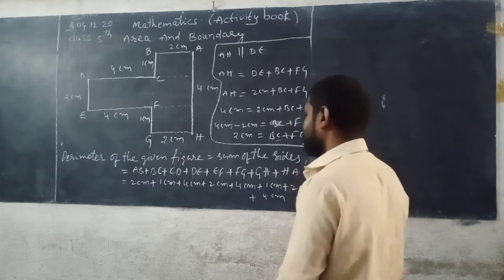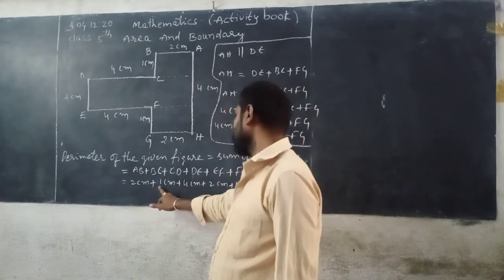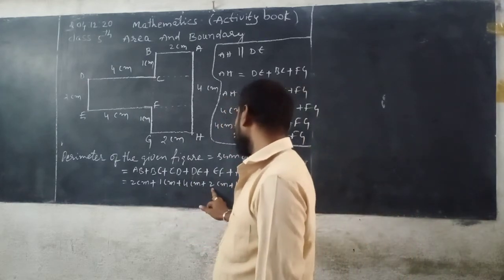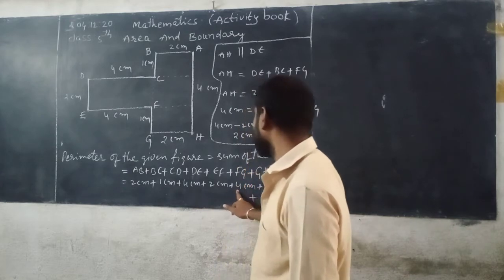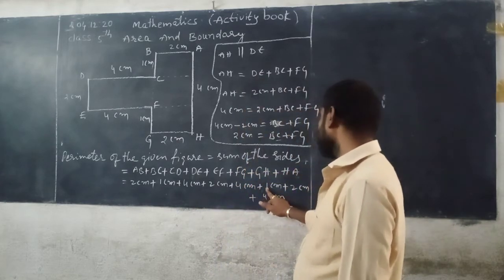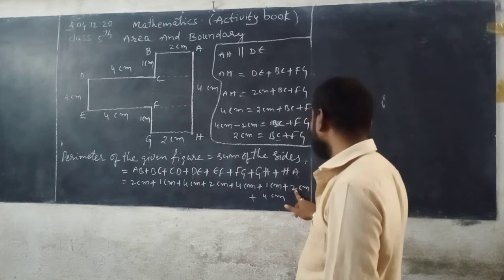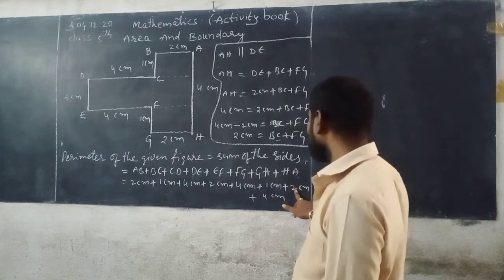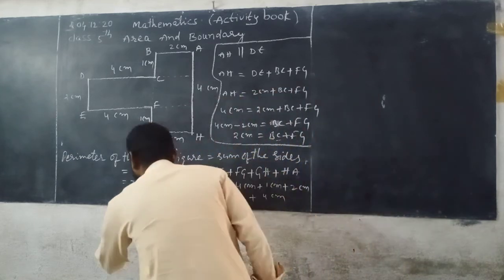Then you can add it. 2 plus 1, 3, 3 plus 4, 7, 7 plus 2, 9, 9 plus 4, 13, 13 plus 1, 14, 14 plus 2, 16, 16 plus 4, 20 centimeters.